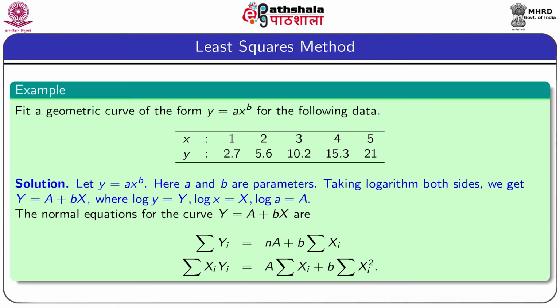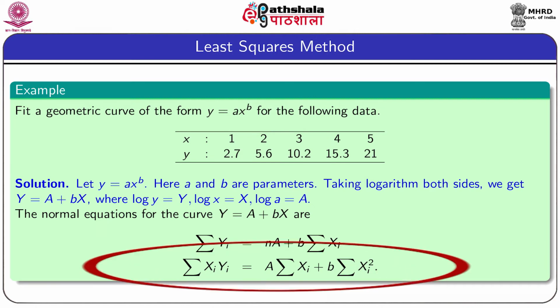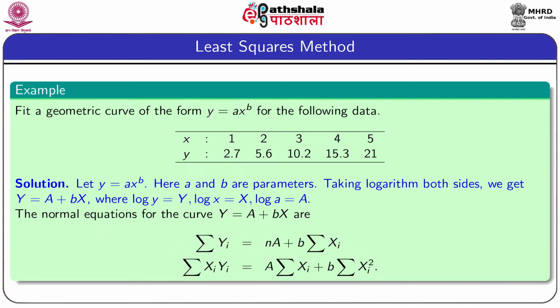The normal equations for the curve capital Y equal to capital A plus bX are summation capital Yi equal to n into capital A plus b into summation capital Xi, and the second normal equation is summation capital Xi into capital Yi equal to capital A into summation capital Xi plus b into summation capital Xi square.